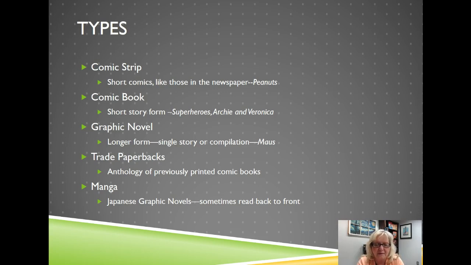Trade paperbacks are more often an anthology of previously printed comic books, although those are sometimes called graphic novels if they're hardcover. And then manga is Japanese graphic novels, sometimes read back to front. And with manga but not print is anime. It took me a while to get those two terms straight. Manga's the print, anime's the video. So those are some types of comics, or the whole genre is more often referred to as graphic novels now.